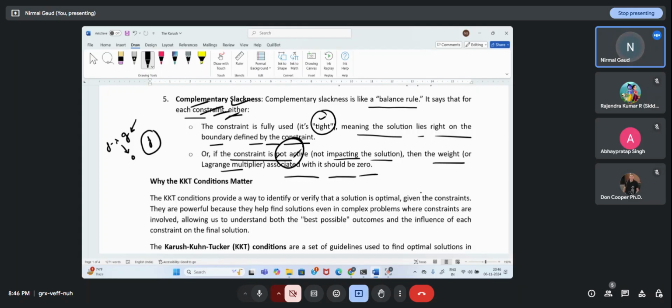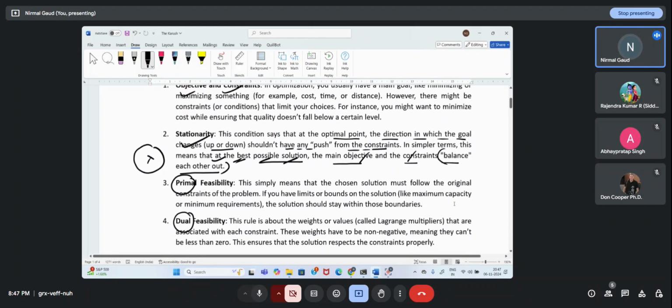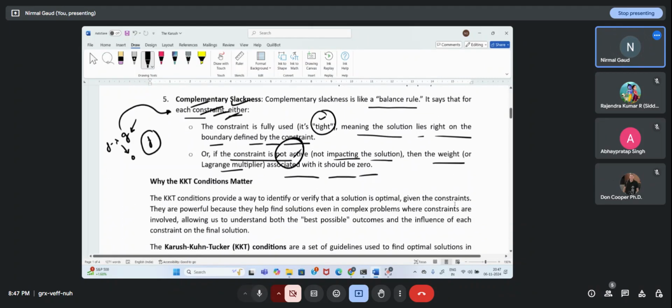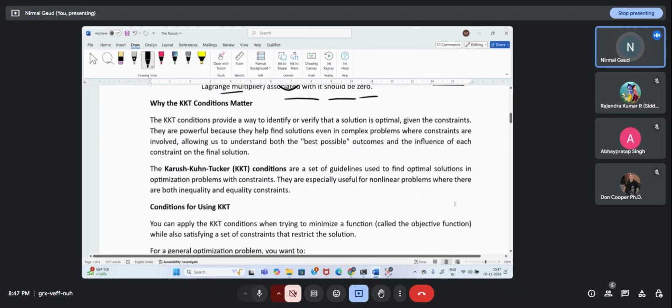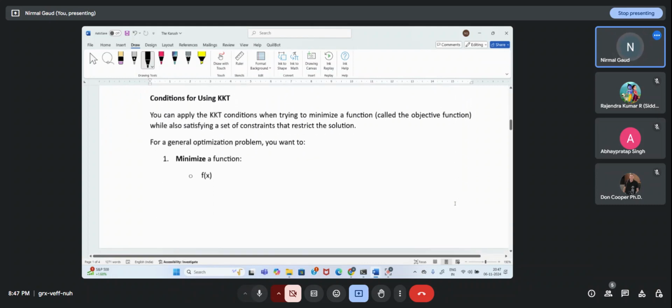So whatever we have studied, this equation is followed here for the Lagrange multiplier. The rest we studied previously also, and I have revised. Okay, so the conditions for the KKT are: either you have to maximize or minimize the function, whatever.